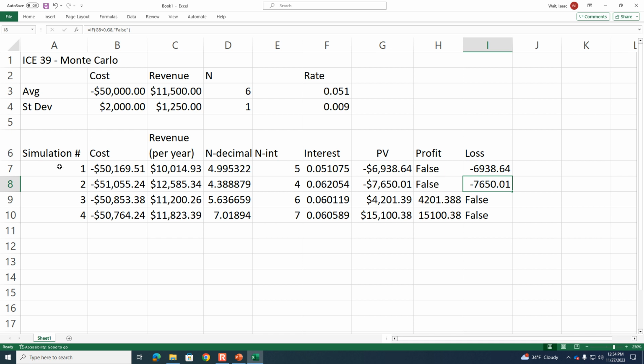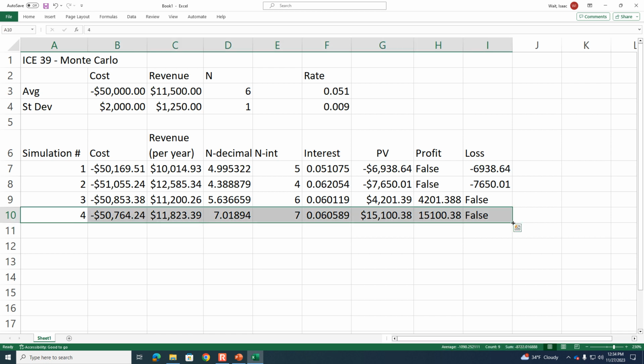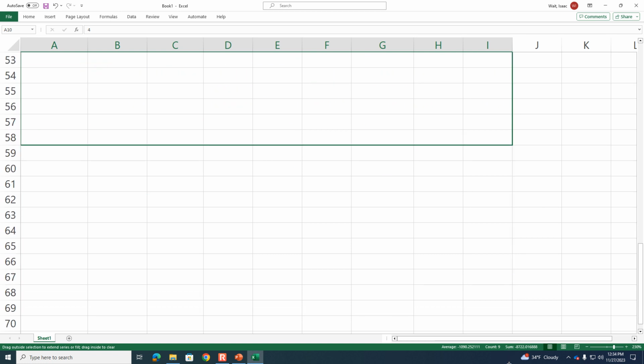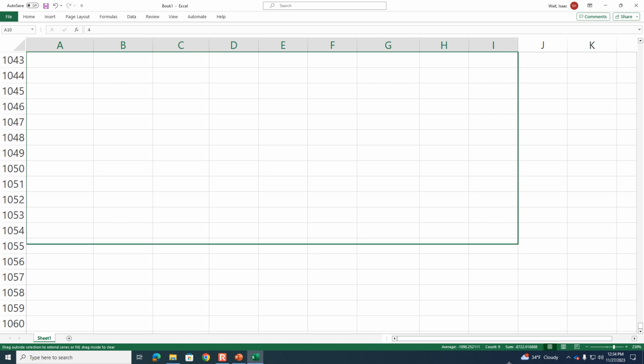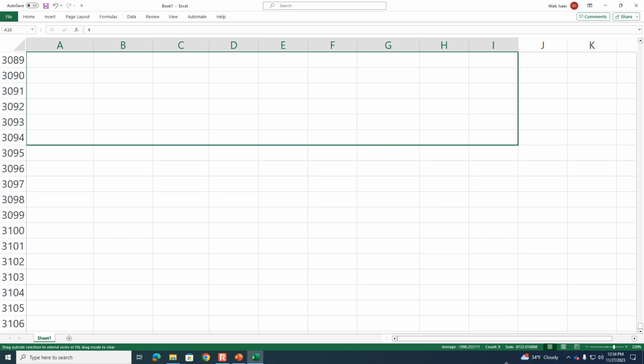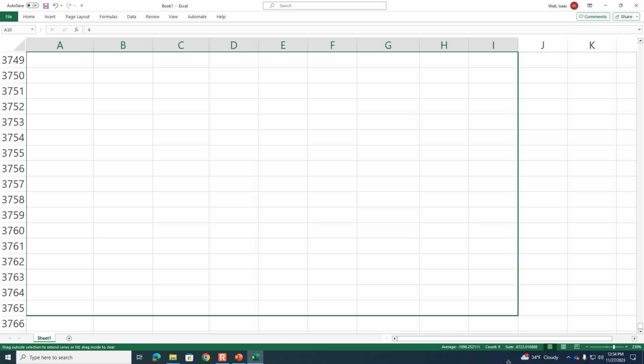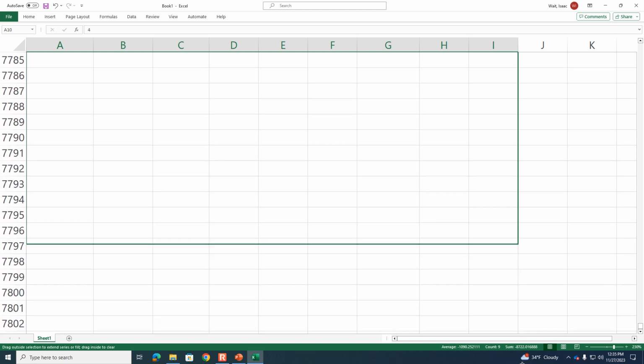Because what we need to do now is we need to extend this down through 10,000 rows. So I think what we can do is just drag all of them down. And if you look over to the left side of the screen, you can see it counting up, and this will be tedious. 1,000, 2,000, 3,000. We'll just go to 10,000.